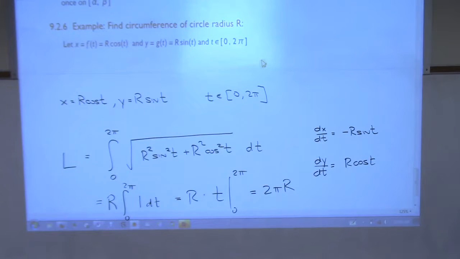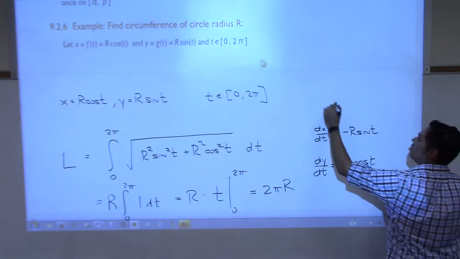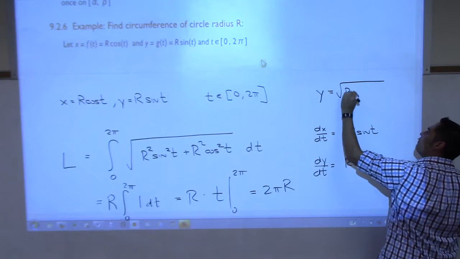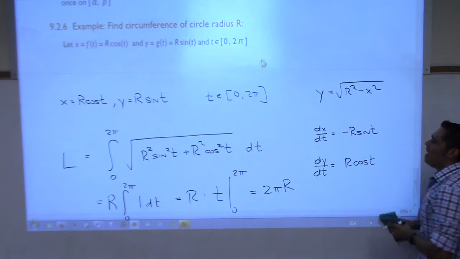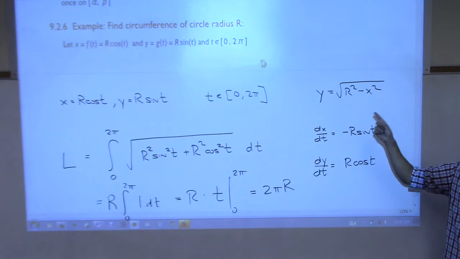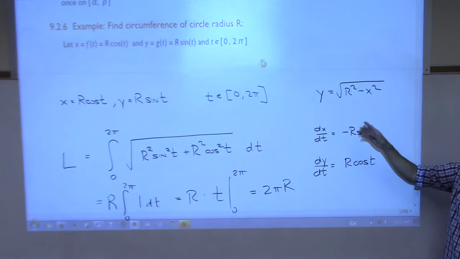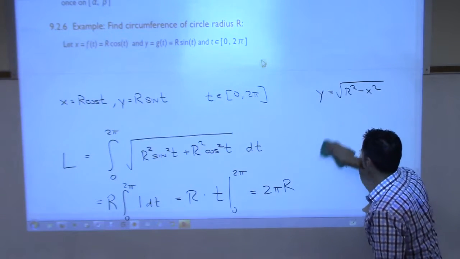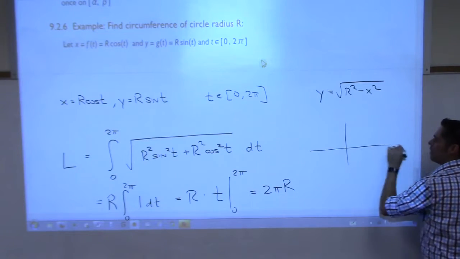What I think's really nice about that is if you tried to do this without parametric equations, here's what you would be doing. You would be looking at this function right here. That would be the top half of a circle of radius r. If you took x squared plus y squared equals r squared and solve for y, you'd get that. And then what you would have to do is probably not even take the first half.